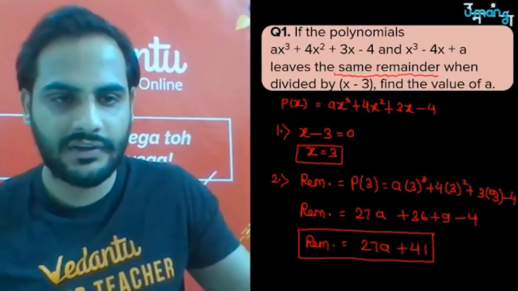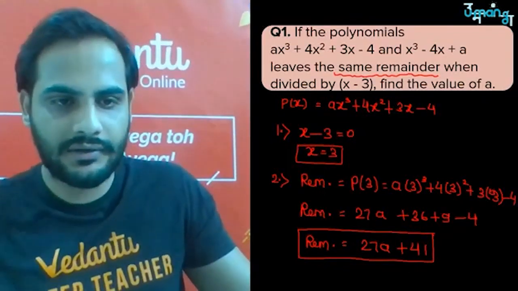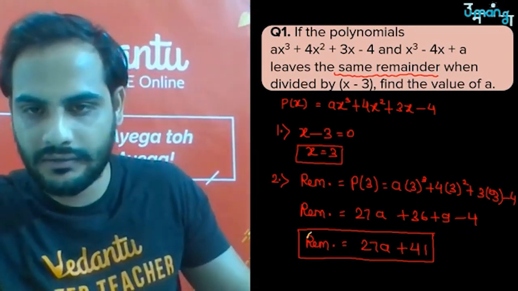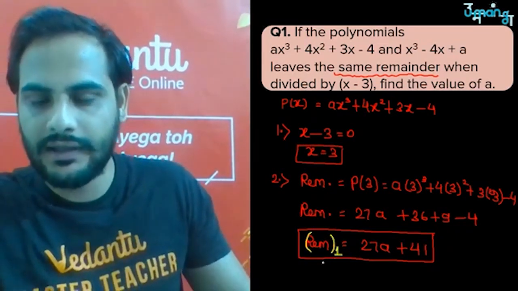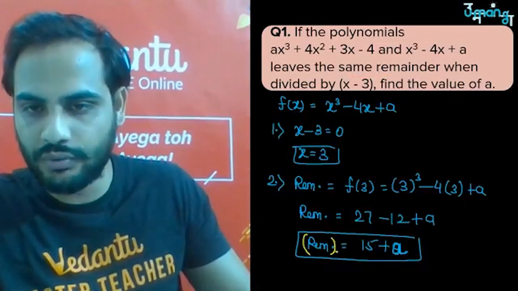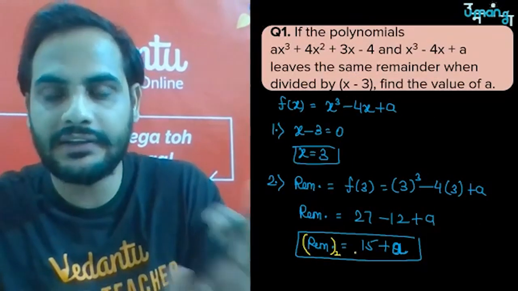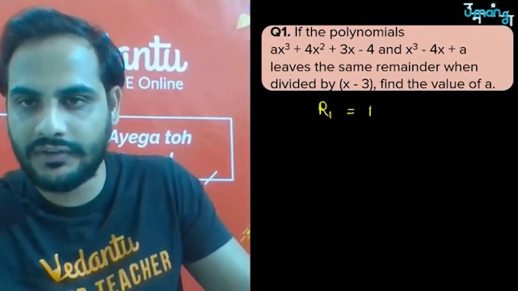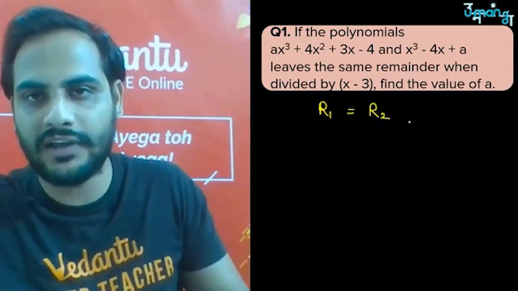Let us say this is your remainder 1, r1, and let's say this is your remainder 2, r2. Now they have told that the remainder is same in both the cases, so I can say that r1 is equal to r2. Both the remainders are equal.